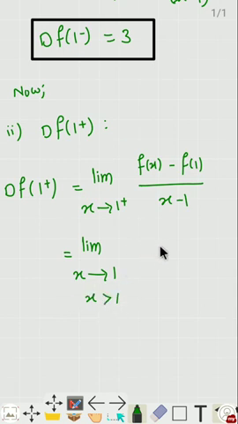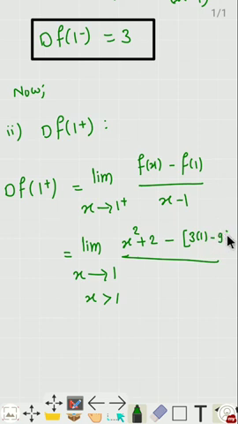Okay, means x approaches towards 1 from the right hand side of 1. So when x is greater than 1, the function is x square plus 2 minus f of 1, which is again 3 into 1 minus 9, whole divided by x minus 1.